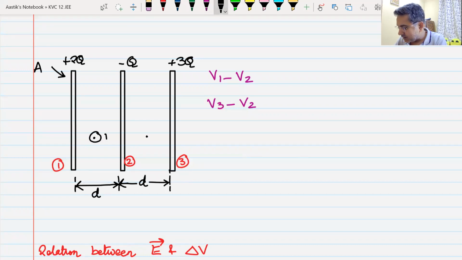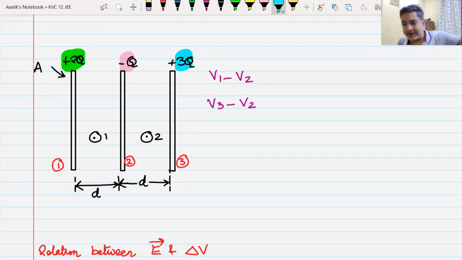Can you find out the electric field at point 1 and the electric field at point 2? This is the green plate, this is the pink plate, and this is the blue plate.